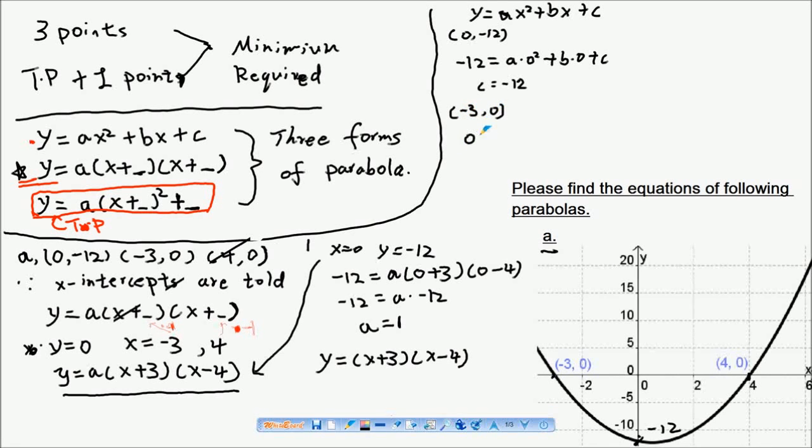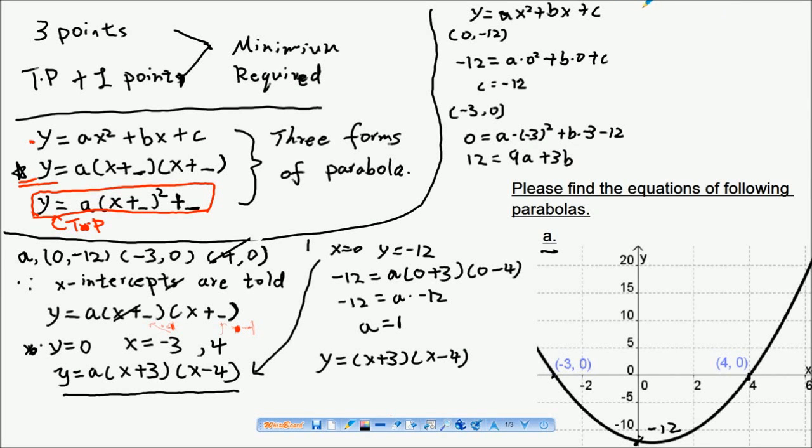So we have 0 equals a times (minus 3) squared plus b times minus 3 minus 12, and now we have 12 equals 9a minus 3b.